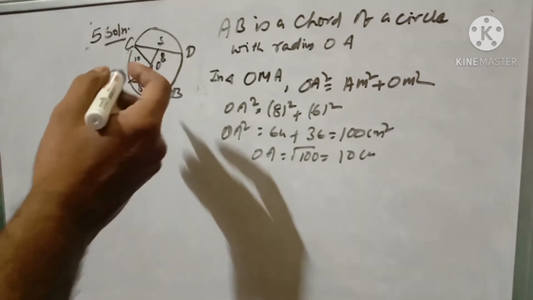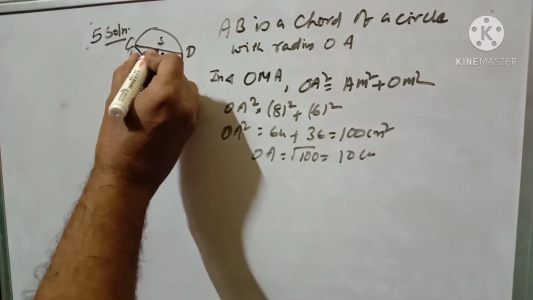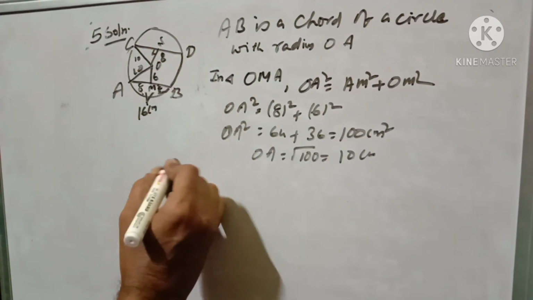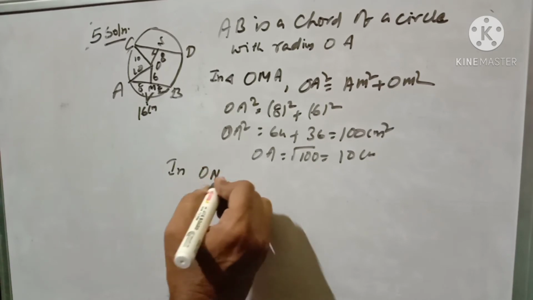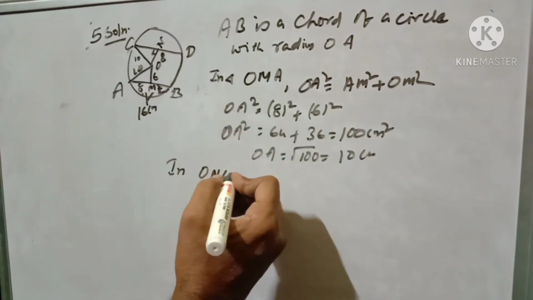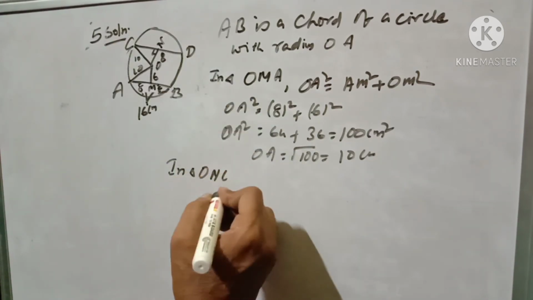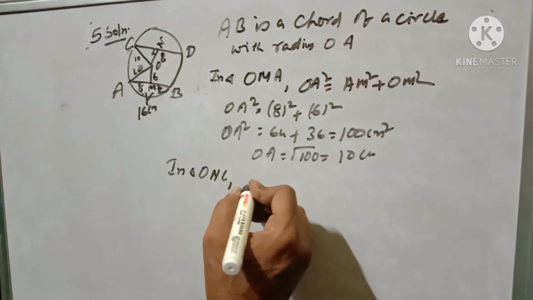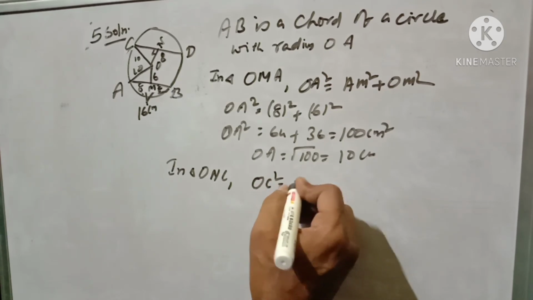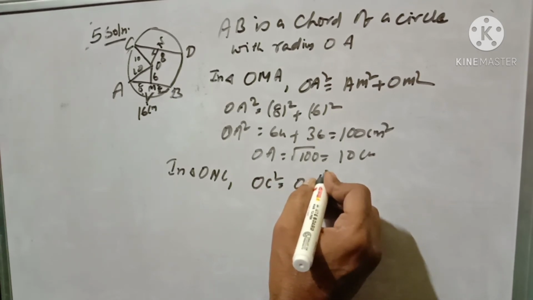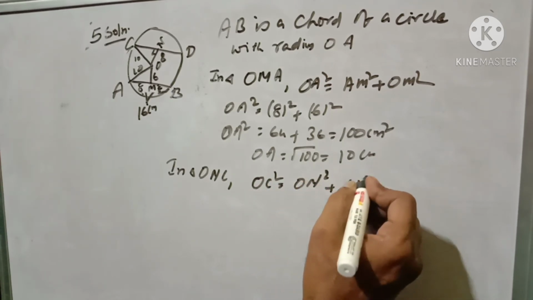So here this length is given, so this is creating 90 degree. So in right angle triangle ONC, OC square equal to ON square plus CN square.